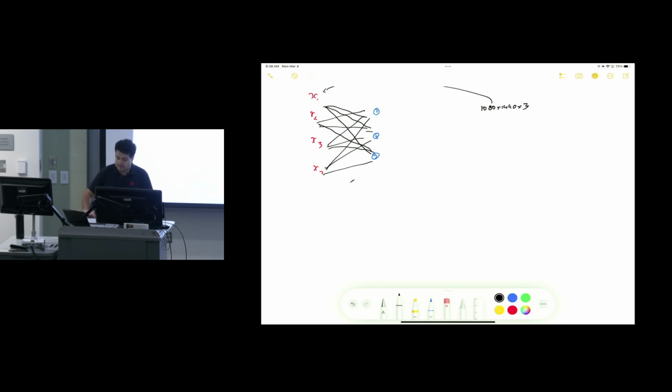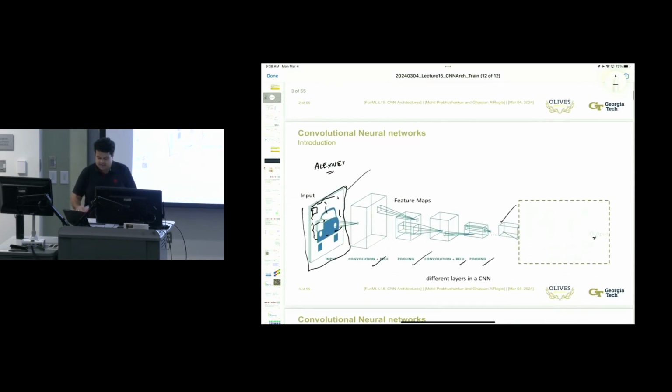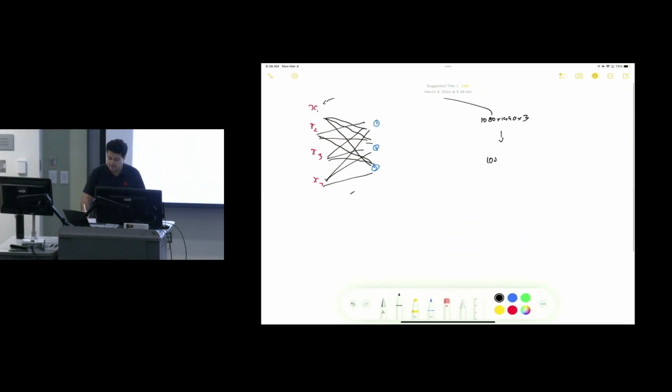But what we are doing is we are passing it through a network, something like this, and this number of features here is not going to be as much as 1080 multiplied by 1440 multiplied by 3. In fact, with the AlexNet architecture, I believe this is going to be something like 1024 cross 1. So essentially, we have gone down from this large number to something like 1024 cross 1 using all our convolutional network.